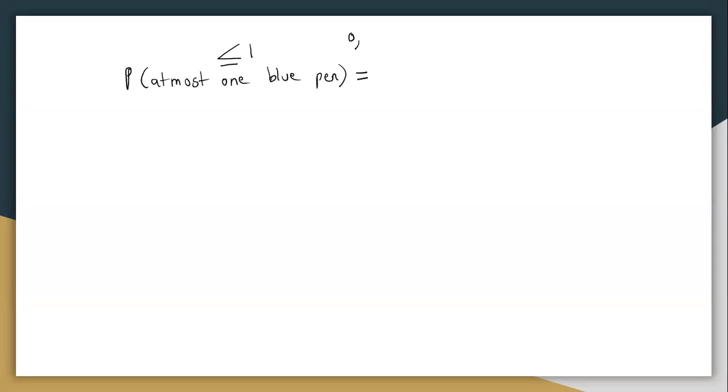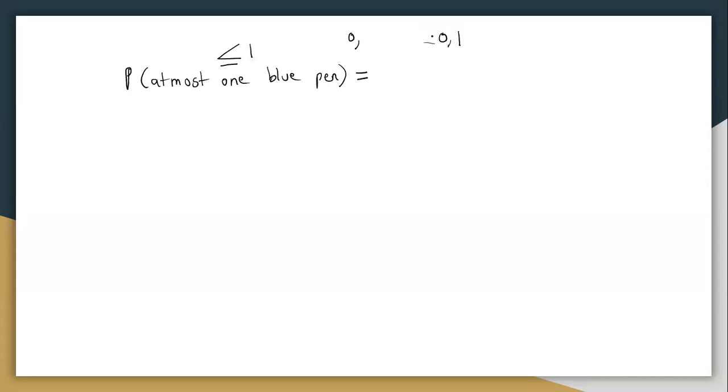When they tell you to give the numbers that are less than or equal to 1, I can give 0, I can give 1, even the negatives. 0 means you pick but you don't pick any blue pen. 1 means you picked the blue pen and maybe a red and a blue.